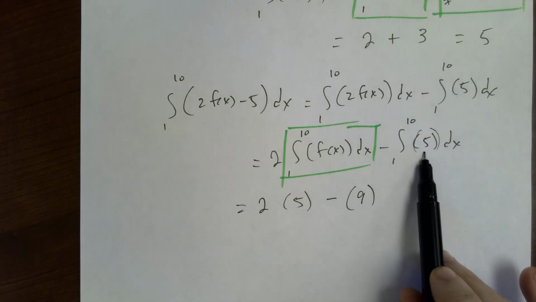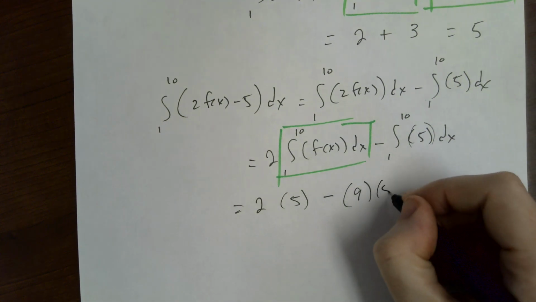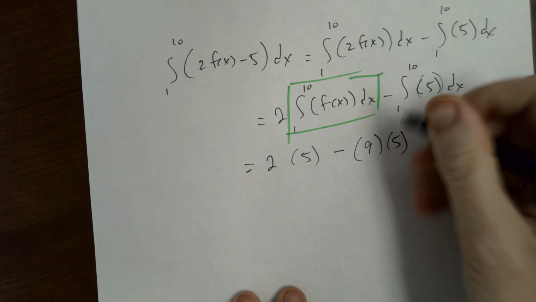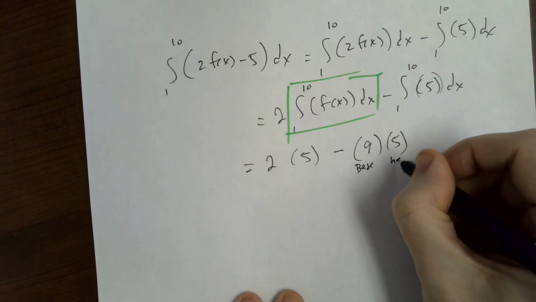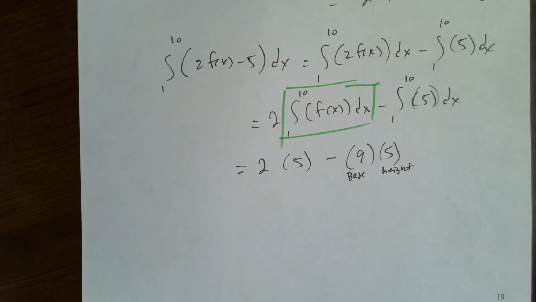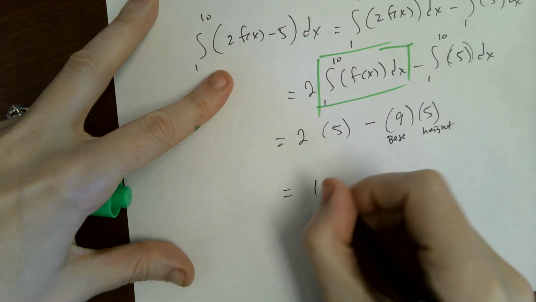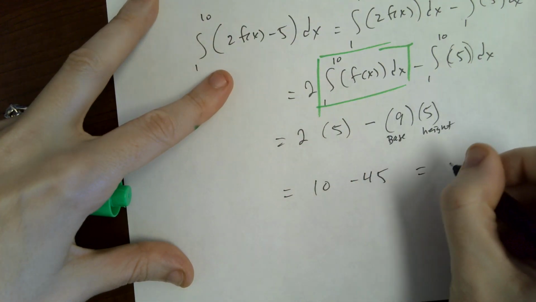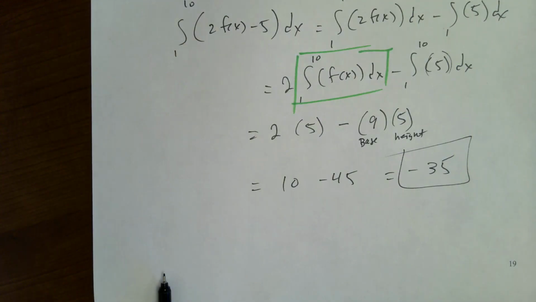The graph of this is a horizontal line, which is 5 units above the x-axis here. So the height is 5. And if you think for your notes, it would help you to write that down. All right, for the integral of a constant function, you just literally do base times height. It's a rectangle. So this is 10 minus 45 is negative 35. Okay, there's that.